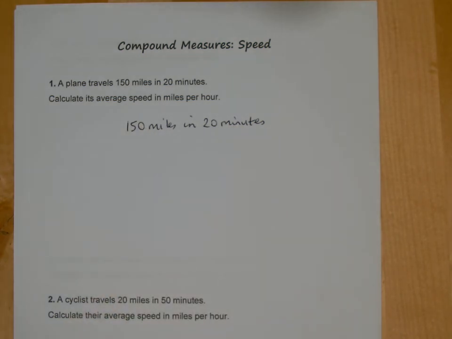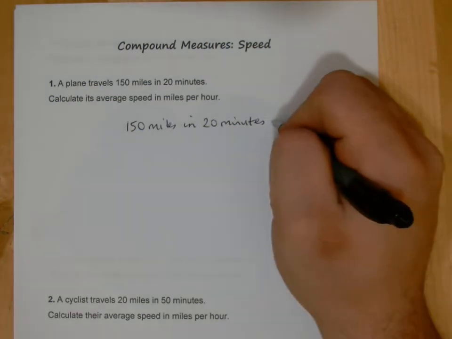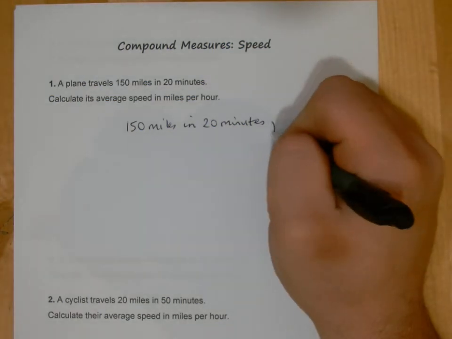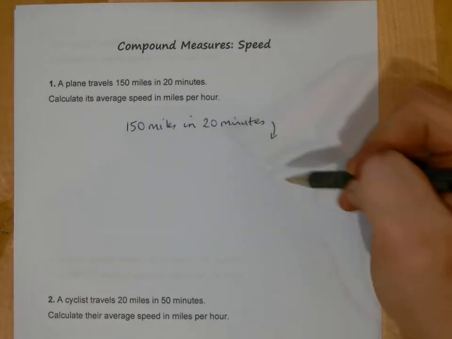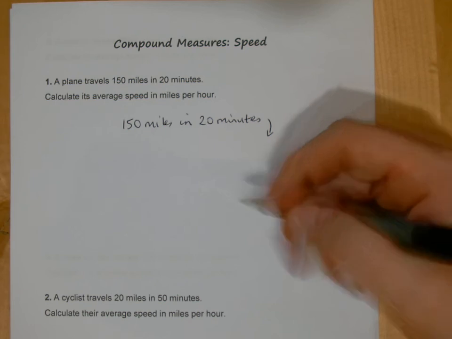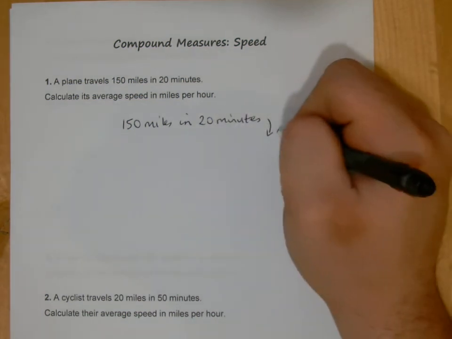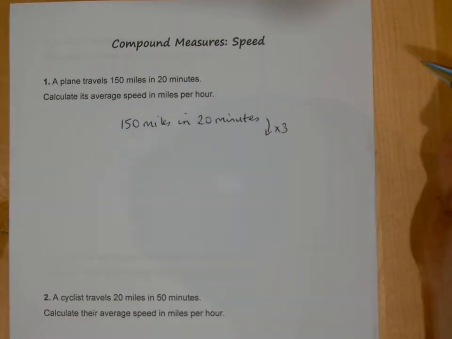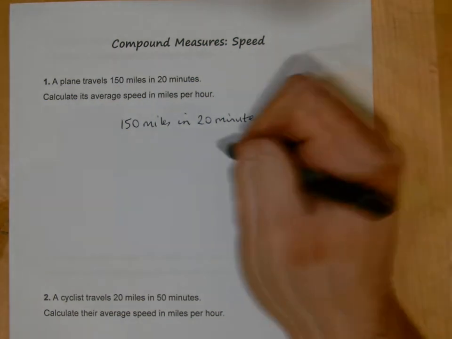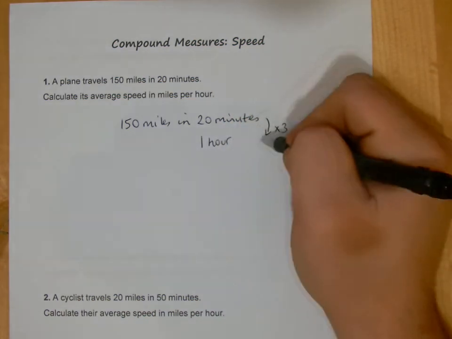We can scale it to see, if it carried on flying at that speed, how many miles would it travel? It's a case of looking at that time, which is 20 minutes, and thinking, what would I need to do to that to change it to an hour? Obviously I need to multiply it, I need to increase it. 20 minutes goes into an hour 3 times, so 3 lots of 20 minutes. So that would give me a time of 1 hour if I multiply this by 3.